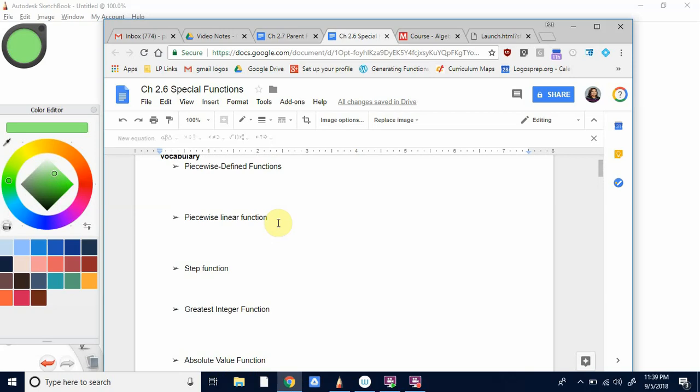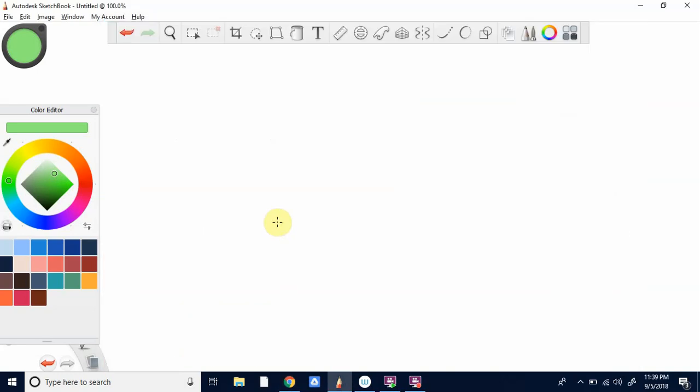It's a common piecewise linear function which consists of line segments. And one type of step function is the greatest integer function. It's written in the form of f of x equals, and it's basically 2 brackets, not 1.